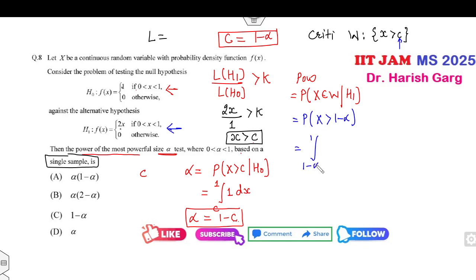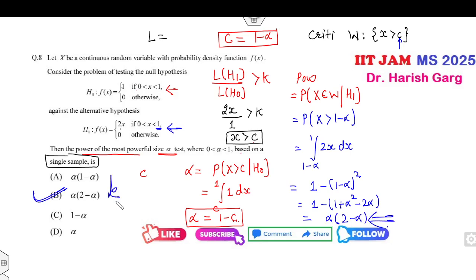If you integrate from 1 minus alpha to the upper limit 1 of the 2x dx, it is x square. Fine. So if you open this bracket, 1 plus alpha square minus 2 alpha, 1 and 1 will be cancelled. Alpha common, 2 minus alpha is the right answer of this problem.